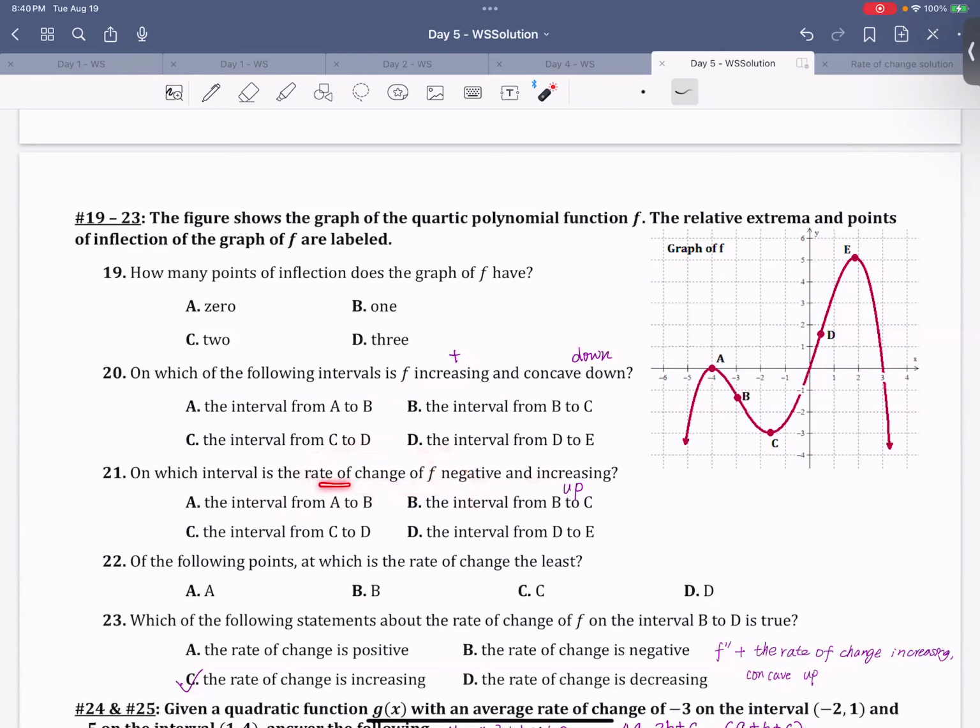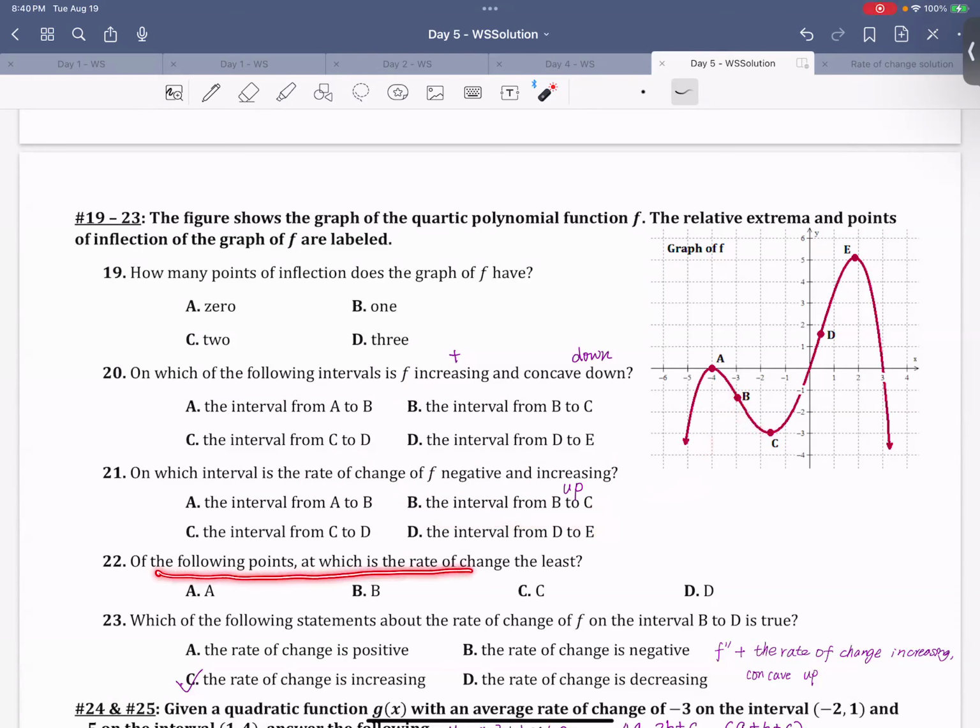But rate of change is increasing, means concave up. Go. Which one do you choose? B to C. Let's see. B to C is decreasing and is concave up. Very good. Thank you. Next, Owen, you do one more.